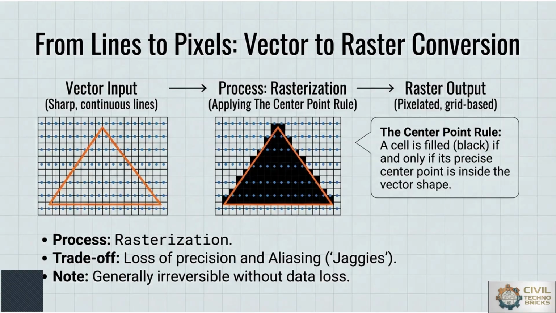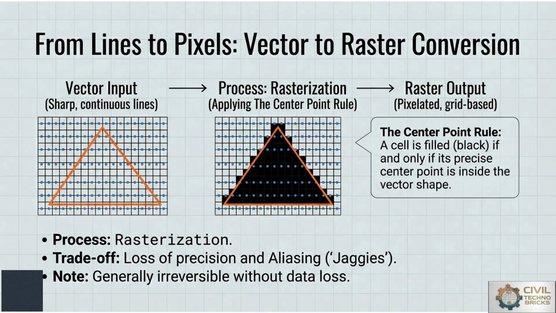After that, focusing on lines to pixels means conversion of vector data to raster data, or vector to raster conversion. It is the process of converting vector data into raster, which is an important operation in remote sensing and GIS for any civil engineering project. Vector data represents features using precise points, lines, and polygons, while raster data represents the information through grid-based pixels or cells.